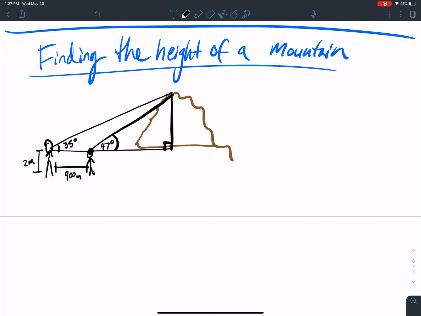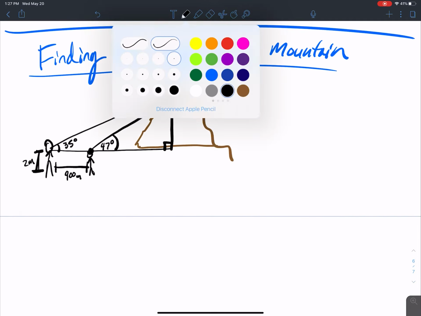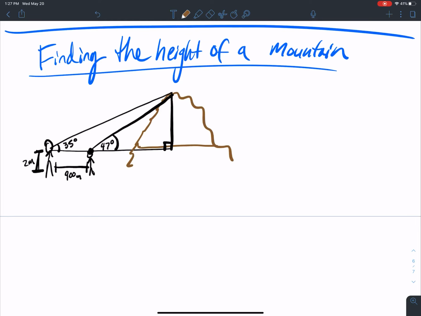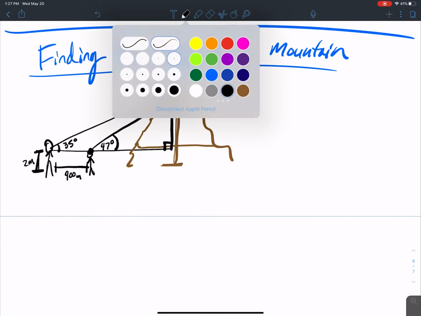Now, if a transit is 2 meters high, so we're 2 meters off the ground, what is the height of the mountain? So we want to know, how high is that mountain there? Okay, so how do we do it?